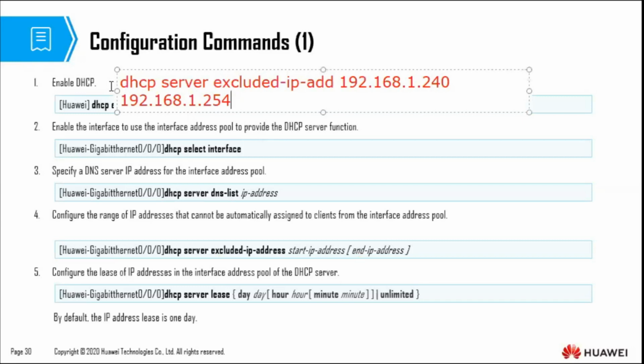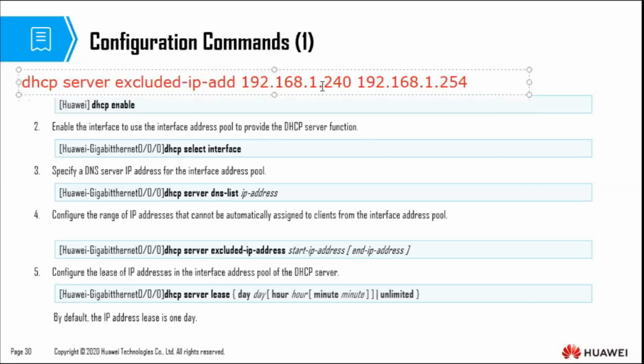So maybe we want this lot. We want to use them for our servers and the gateway. So that's how you give the range. So all the way from 240 to 254 is not going to be assigned to end devices. Is that what you're asking?